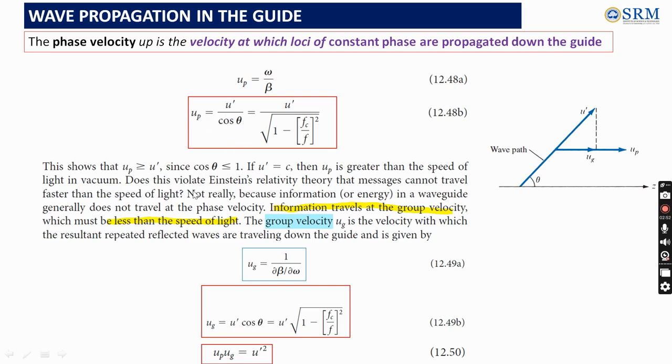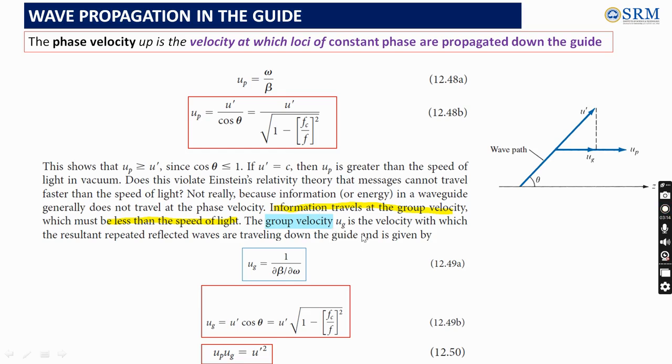So we have to check whether it violates Einstein's theory of relativity. Messages cannot travel faster than the speed of light, because the information in the waveguide does not travel with the phase velocity. It travels with the group velocity, which is less than the speed of light.